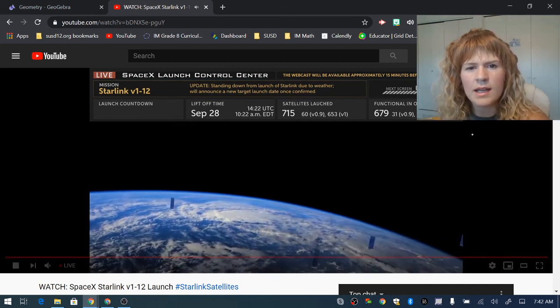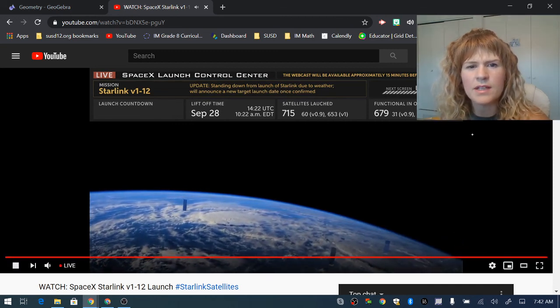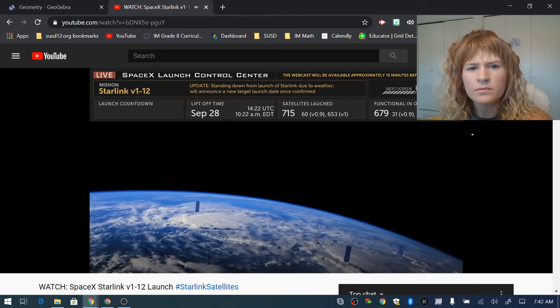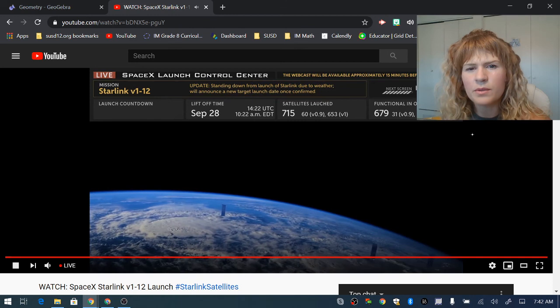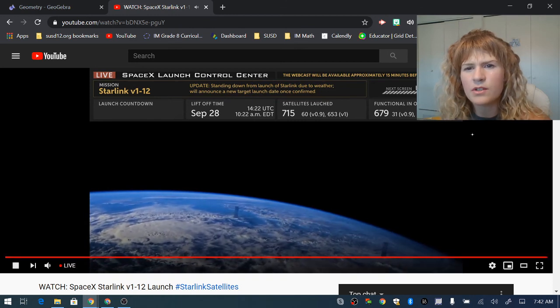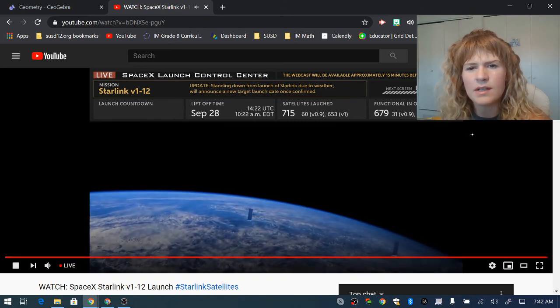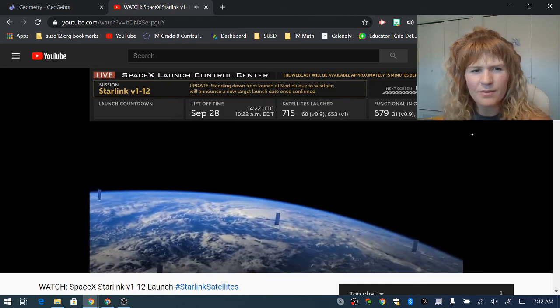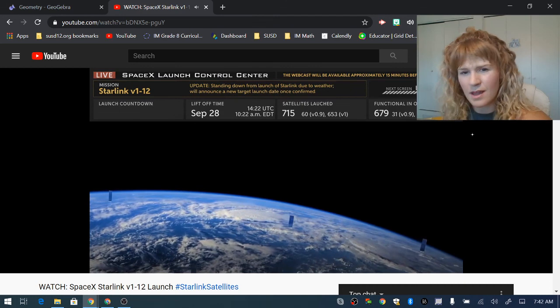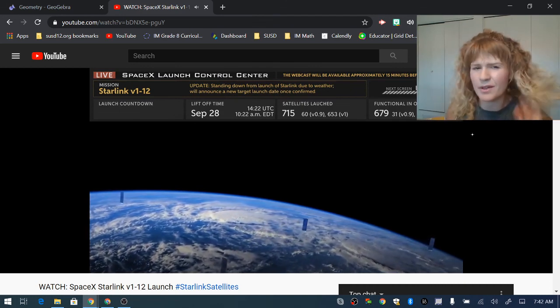Look here, satellites launched. 715 is how many they've launched. That must be the total number they've launched, and it says functional in orbit is 679. What does that mean? Have about 25 satellites failed already? They only started launching a year and a half ago.